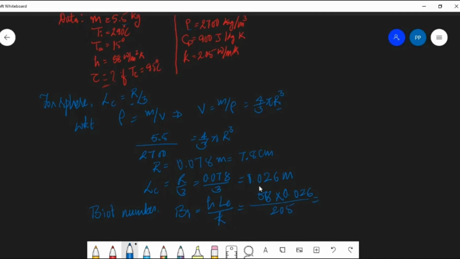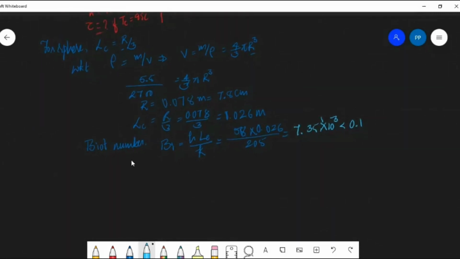The value of the Biot number is 7.35 into 10 to the power of minus 3, which is less than 0.1. So we can go with the lumped system analysis.